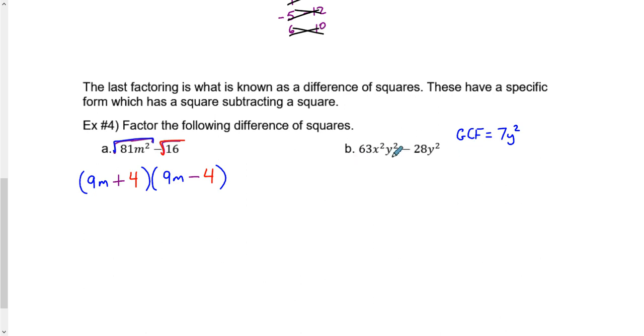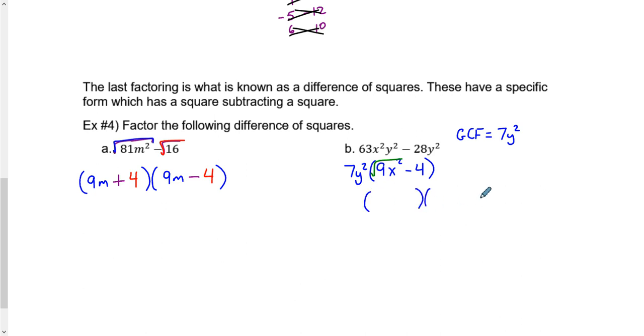So for this one, we have 7y squared as our greatest common factor. We factor that out, we'd be left with a 9x squared subtracting 4. So our next bit of factoring, take the square root of the 9x squared.